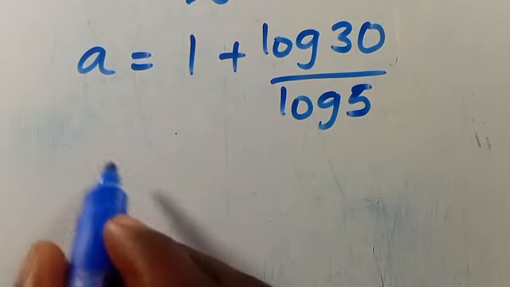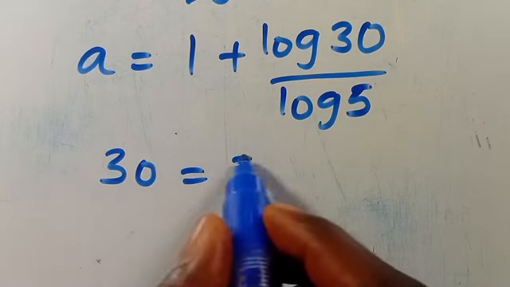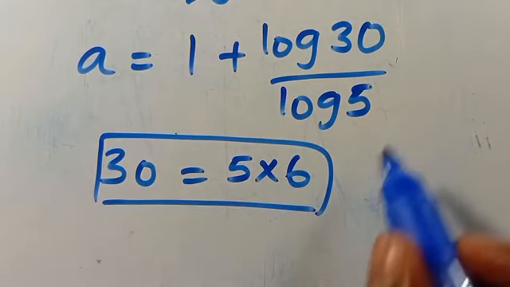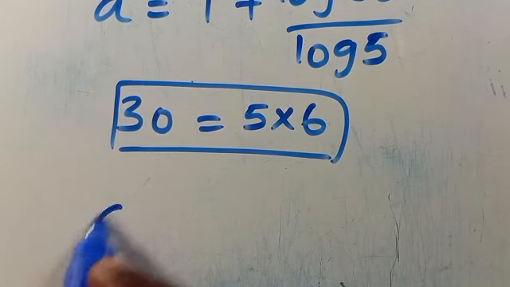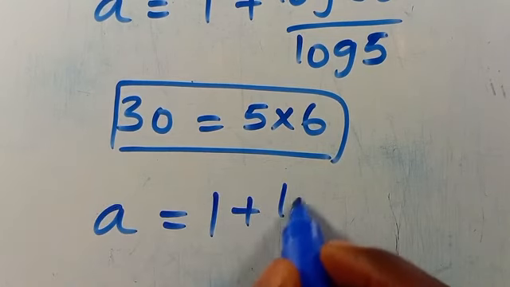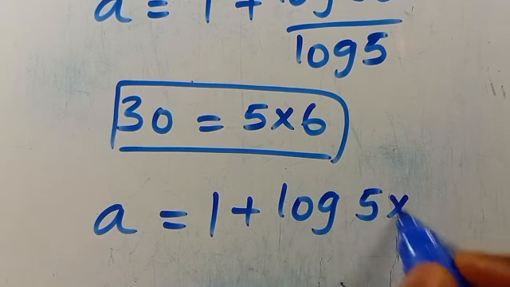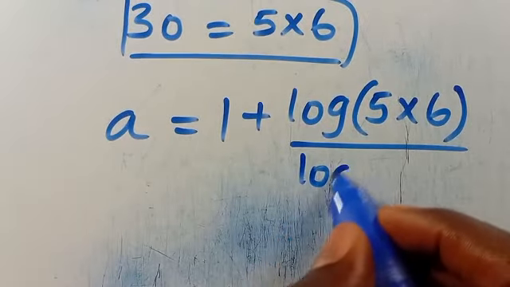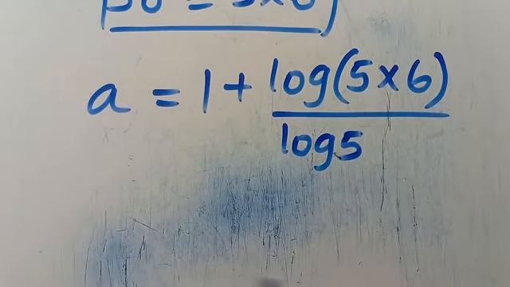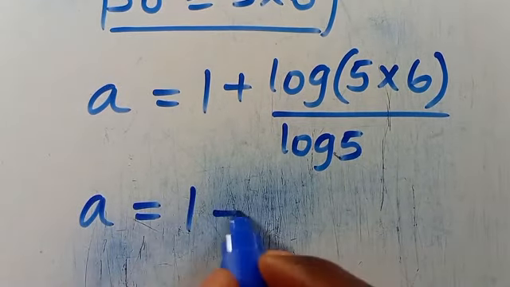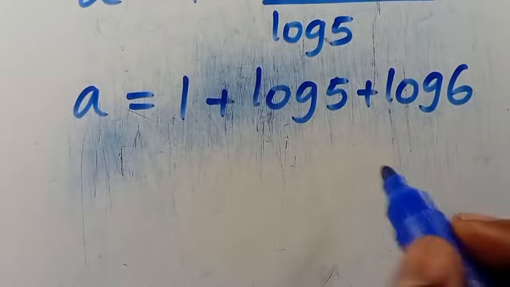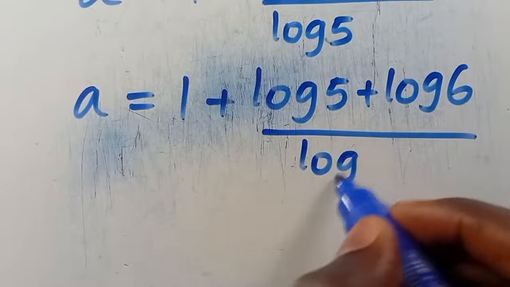But we have to recall that we can have 30 equals 5 times 6. If we substitute this here, we have a equals 1 plus log of 5 times 6 in parentheses divided by log 5 separately. So a equals 1 plus log 5 plus log 6 divided by log 5.